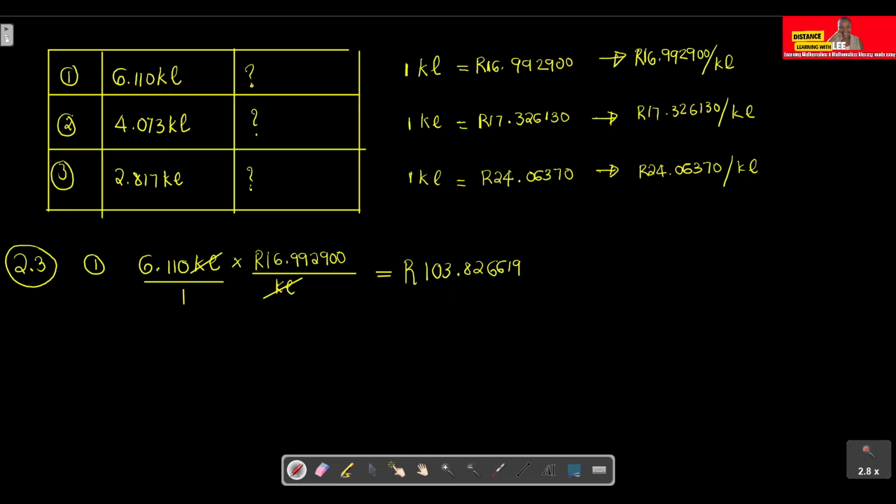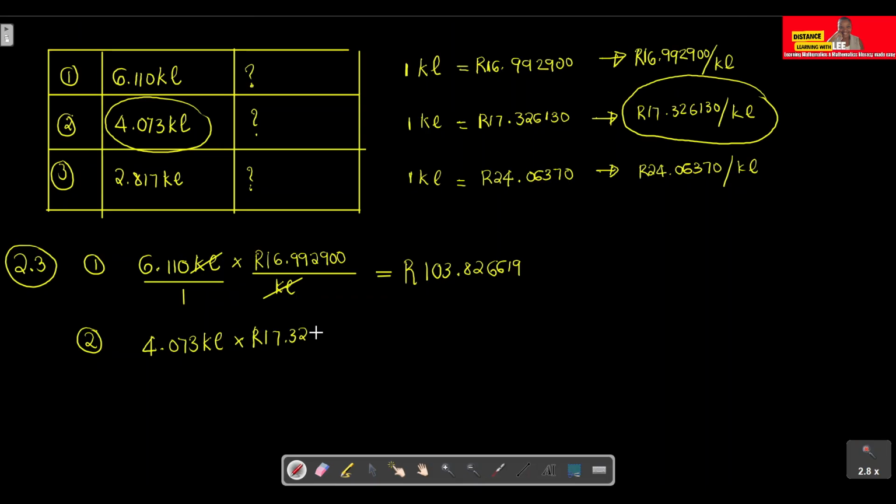Okay, so let's calculate the tariff in the second block. We know that he used 4.0073 kiloliters. We're going to multiply by the tariff for the second block, where you get charged 17 rand 326130 per kiloliter.